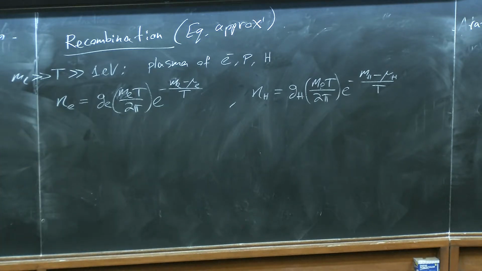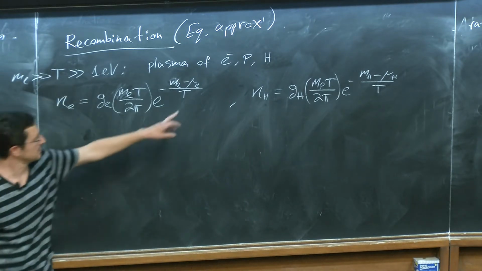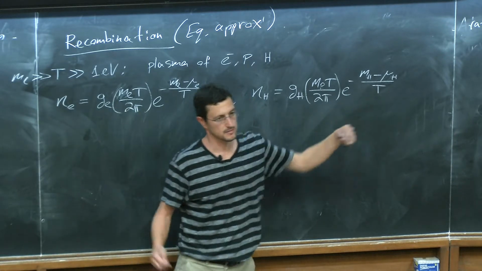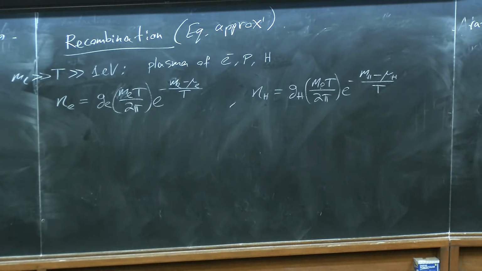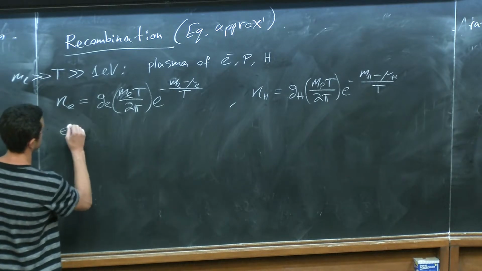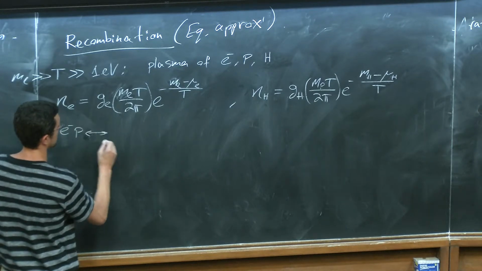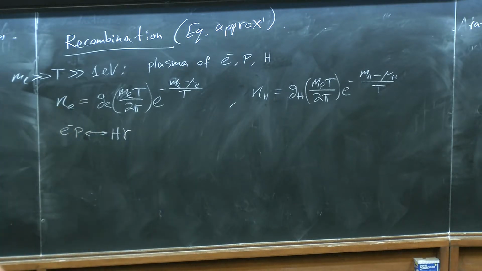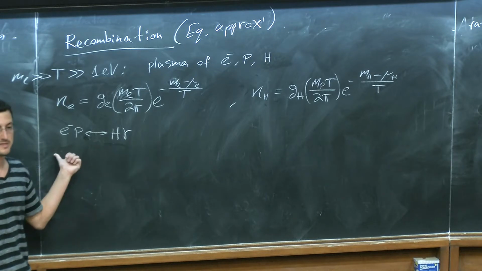And because the interactions are very fast, these chemical potentials are related by the reactions of recombination and ionization of hydrogen. So interactions are fast. And so you have these reactions, e minus and protons meet and go into hydrogen and a photon. So this is recombination, and this is ionization.